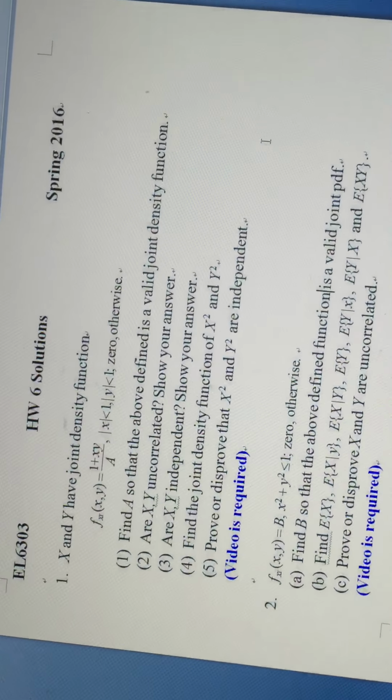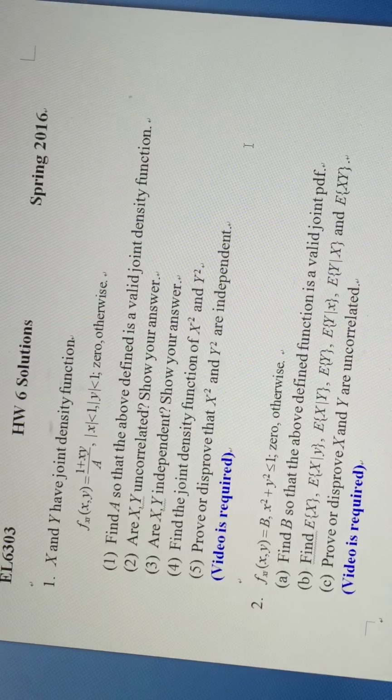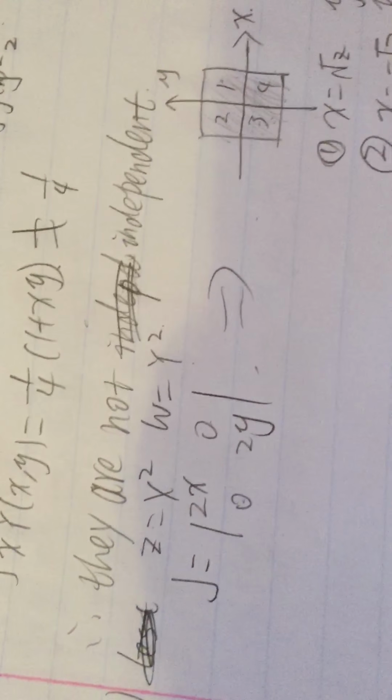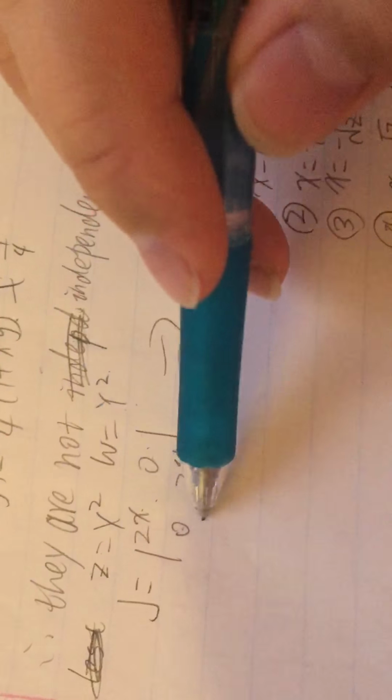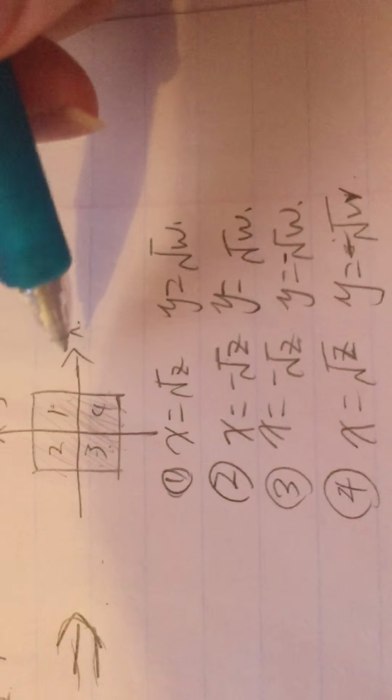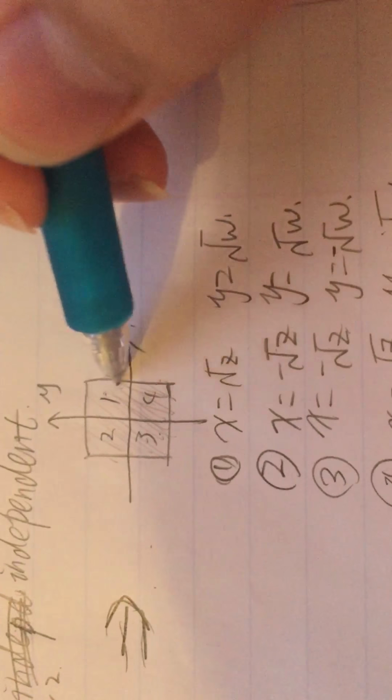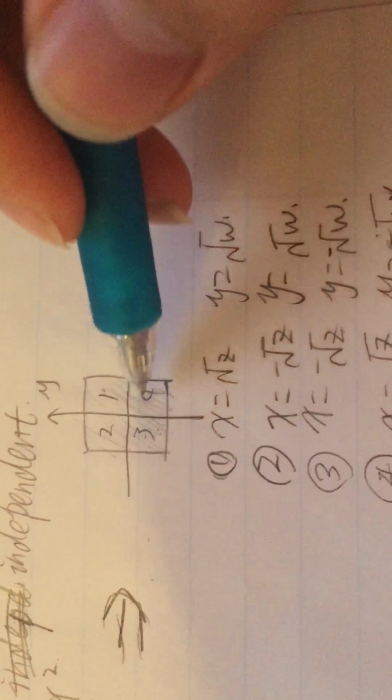For the fourth question, find the joint density function of X squared and Y squared. So we suppose X squared equal to Z and Y squared equal to W. Then we can get the matrix J, which is 2x, 0, 0, and 2y. Then we can draw a figure with the x-axis and y-axis, and we number the areas 1, 2, 3, 4.